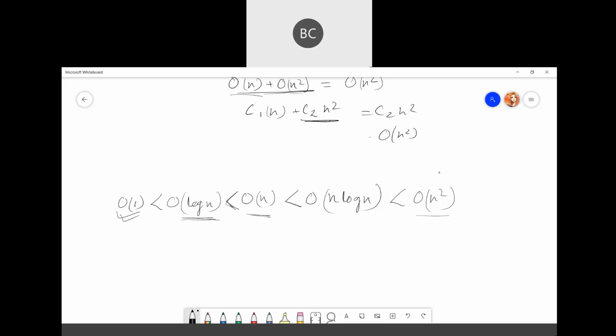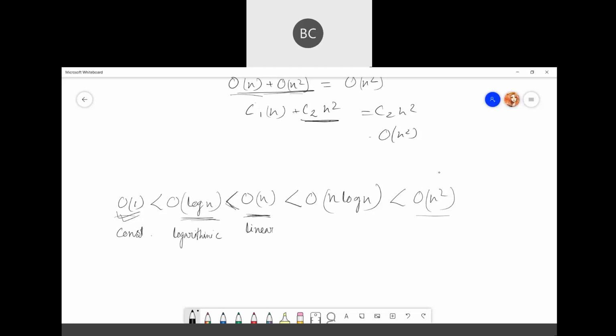This is like a hierarchy. This is your constant time, constant notation. This O(log n) is your logarithmic time. This O(n) is your linear time.